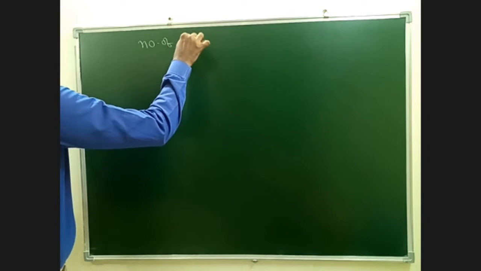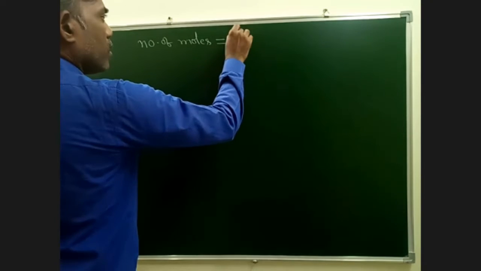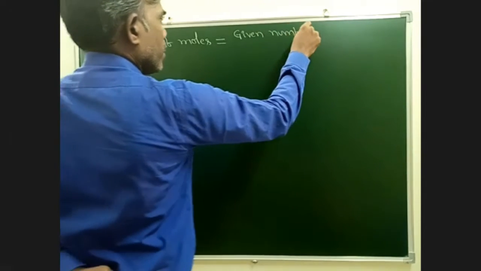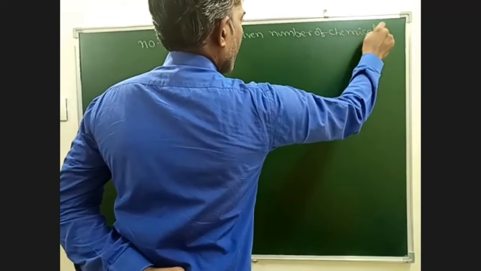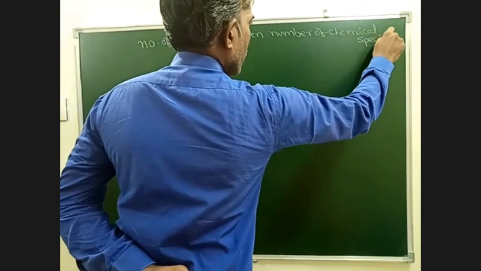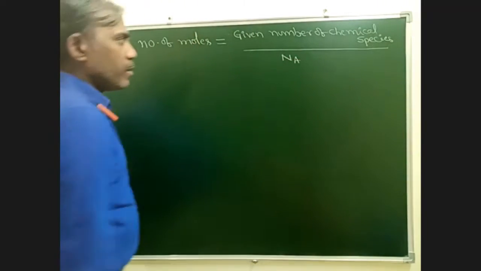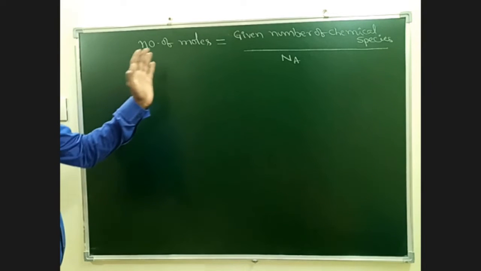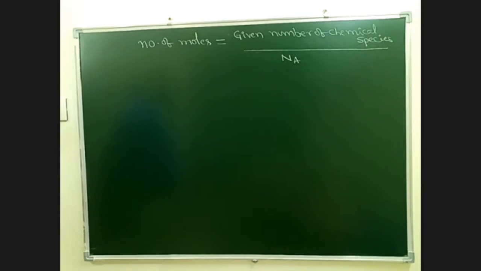Number of moles is equal to given number of chemical species divided by Na. So what I wrote in the previous class, here I wrote again the same: number of moles is equal to given number of chemical species by Na, right?